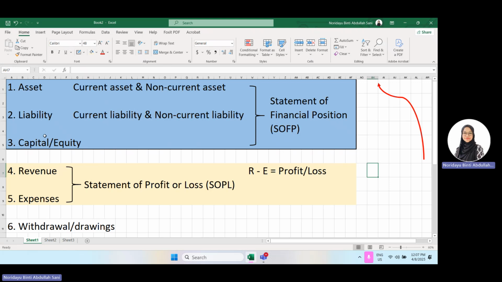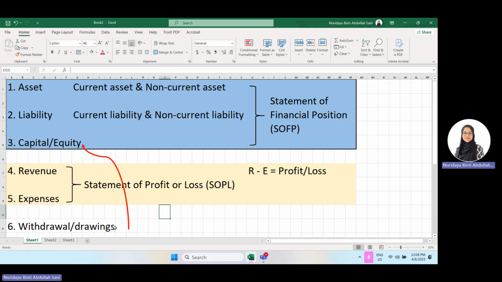So I need to declare it because I'm using business money, which I already invested on day one when I started my business. So I need to have this withdrawal or drawings account. Indirectly, when you have this drawing, it's going to reduce your capital or equity.